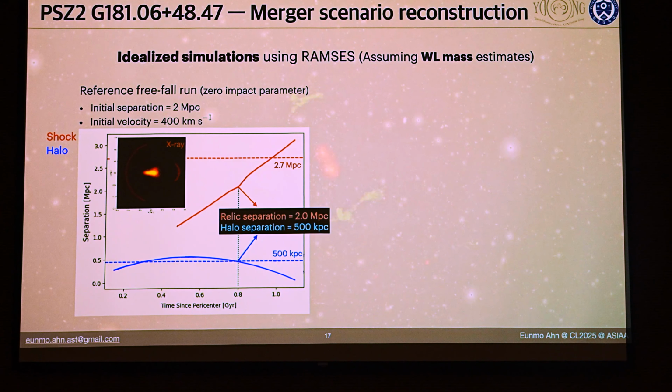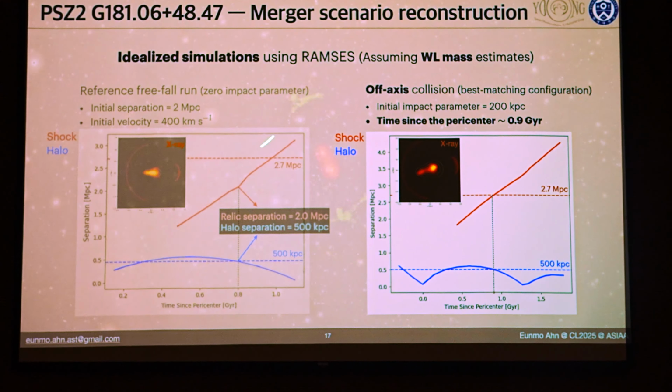So we thought that the separation evolution of the shock is primarily determined by the masses. We thought that the halo separation should reach 500 kiloparsec a little bit later to reproduce the observed halo and shock separation simultaneously.